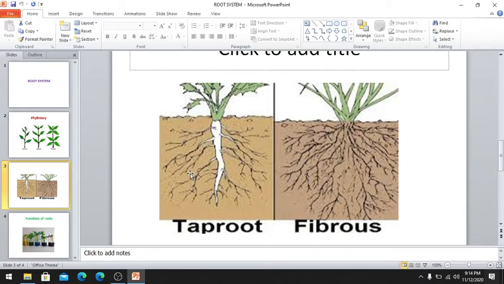So don't take any useful plants when you are doing an experiment. Choose only weeds. Weeds are unwanted plants which grow along with the main plants, and they compete for water and minerals with the useful plants. Such weeds you choose.